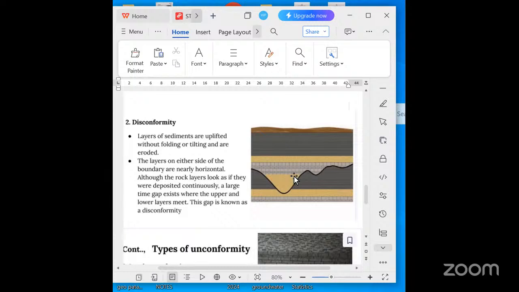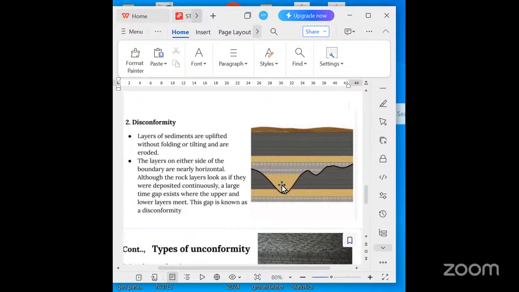It is necessary to study the regional relations in order to distinguish between a disconformity and a local unconformity.